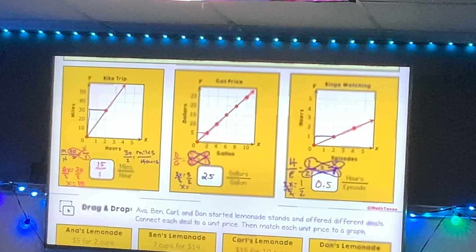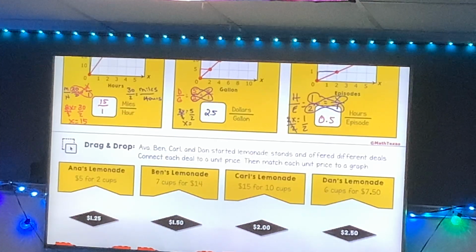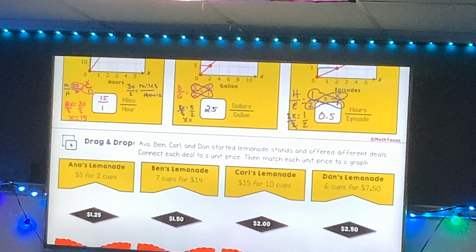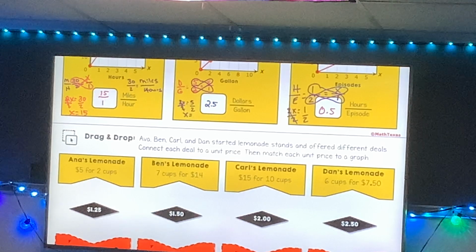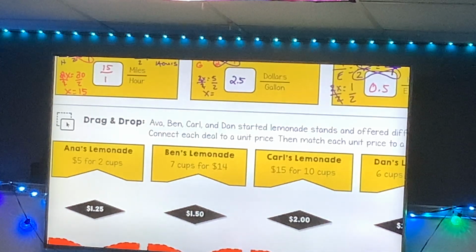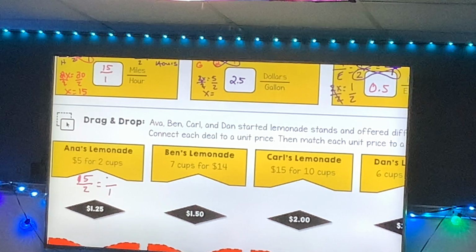Okay, so let's look at this next one. If I have Anna's lemonade is $5 for 2 cups, I would take money over cups. So how much would it be for 1 cup? $2.50. Perfect.